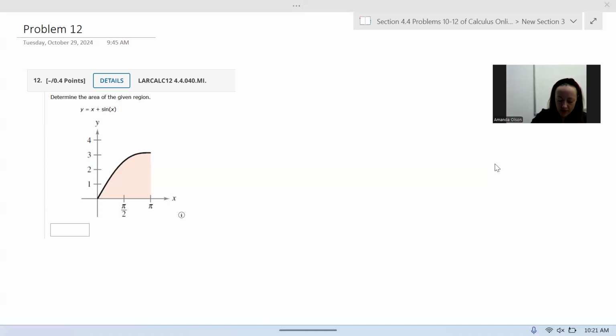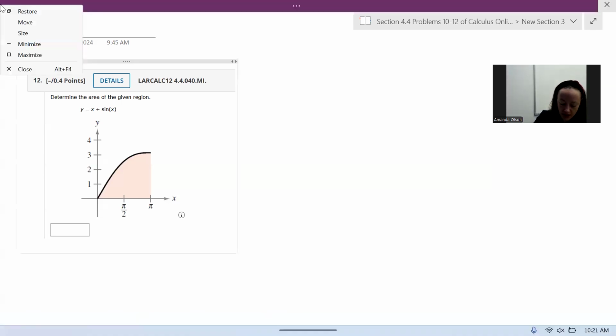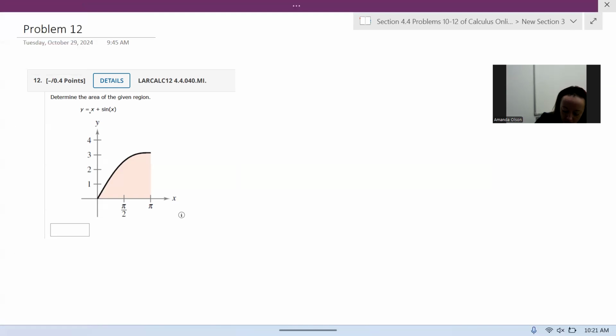It graphs the curve y equals x plus sine x, from x equals 0 to x equals pi. So that's the region we want to find the area of.